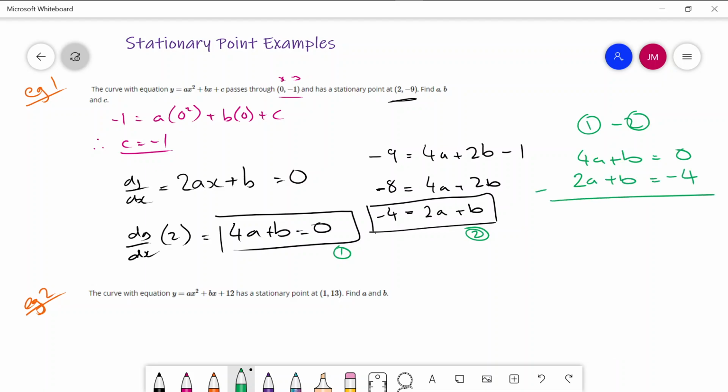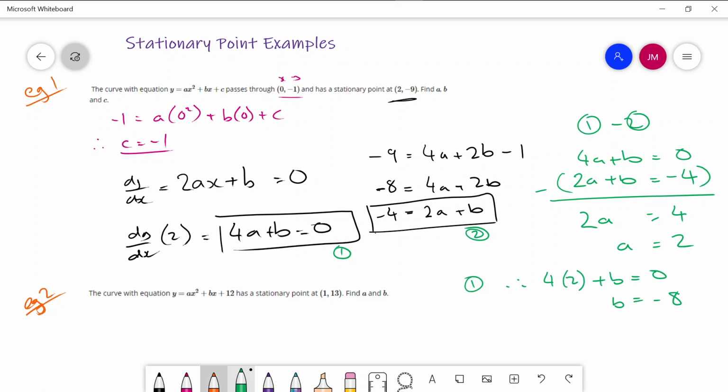And if I'm minusing all that, I would get 4a minus 2a is 2a, b minus b is 0. Then we get 0 minus negative 4 gives us positive 4, so therefore a is 2. And then we can substitute that into either equation to find b. So 4a plus b equals 0. So we end up getting 4 times 2 plus b equals 0 from equation 1. And therefore b would be negative 8.